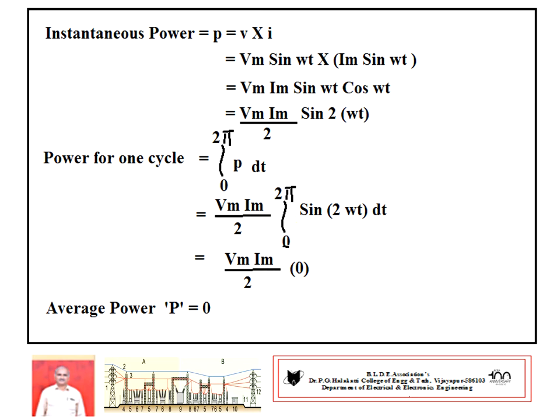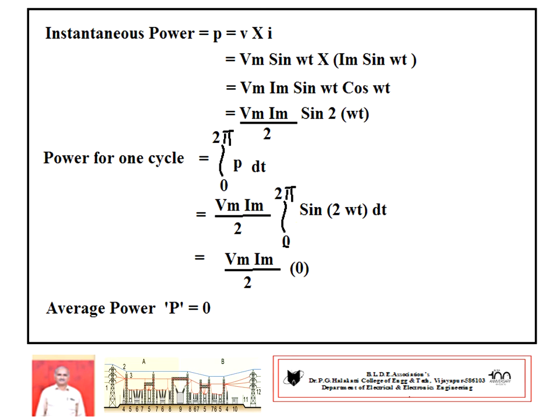So finally, that is similar to the inductance case, where a negative sign was there, here a positive sign is there, and using sin 2 theta equal to 2 sin theta cos theta, we can write Vm Im by 2 sin 2 omega t.